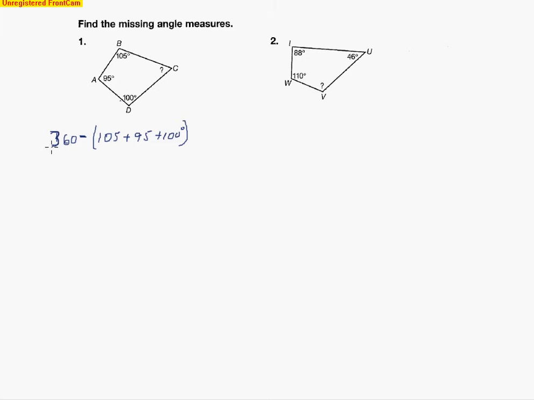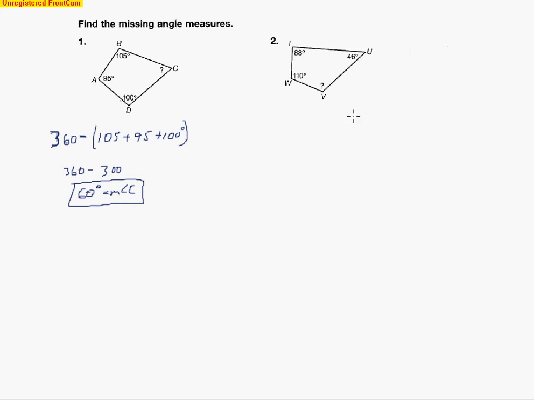When I add 105 and 95, I end up with 200, plus the 100 gives me 300 degrees. I'm going to take that away from 360, and it leaves me with 60 degrees. So the measure of angle C is 60 degrees.